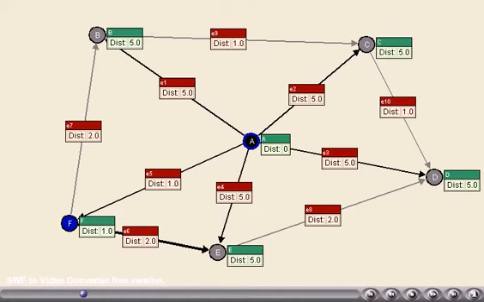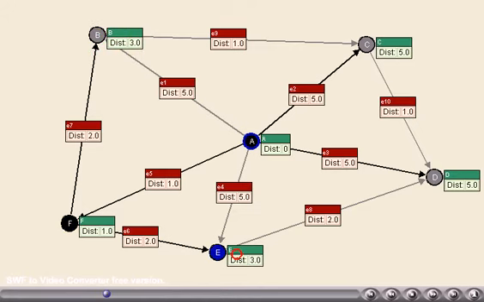Similarly, for B also we can verify. Accordingly, the weights of the vertices which are adjacent to F will be updated. The minimum distance of E is updated as 3. The minimum distance of the node B is also updated as 3.